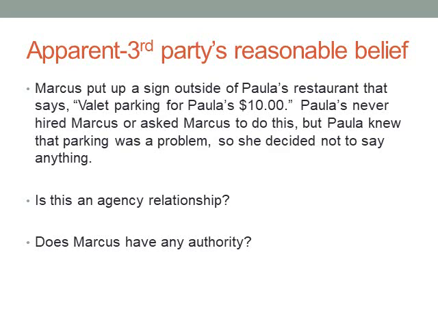So remember Marcus, who put up the sign outside of Paula's restaurant that says valet parking for Paula's, $10. Paula never hired Marcus and asked Marcus to do this, but Paula knew that parking was a problem, so she decided not to say anything. Is this an agency relationship? By estoppel, right? If it's reasonably believed by a third party. Does Marcus have any authority?